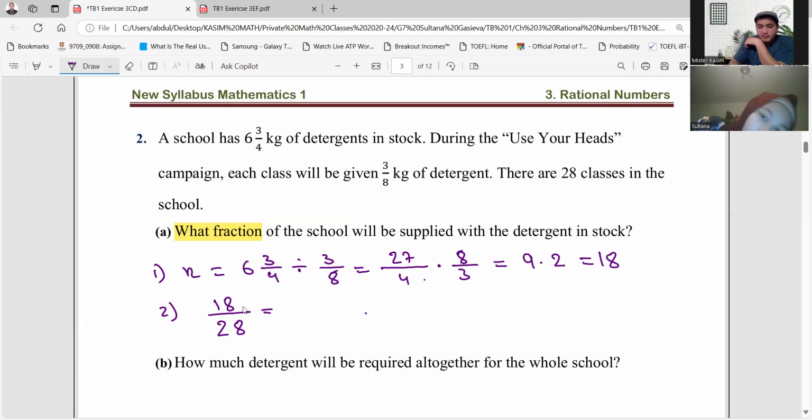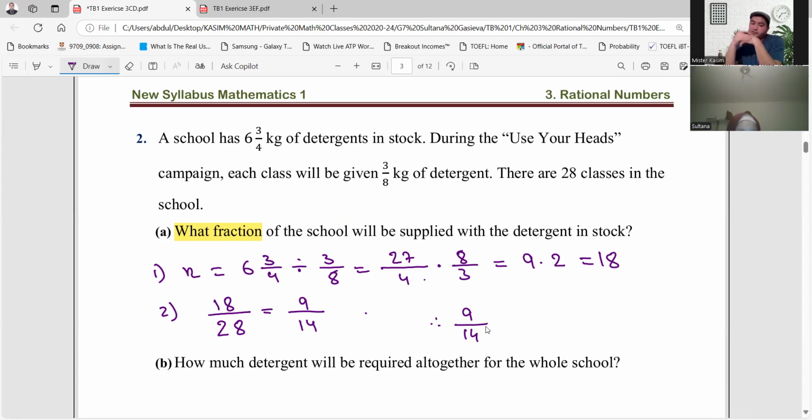So let's simplify this. Both numbers are divisible by 2. It is 9 over 14. So that means that 9/14 of the school was supplied with detergent, right?